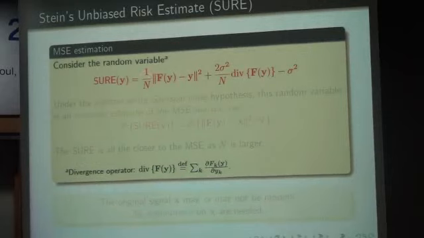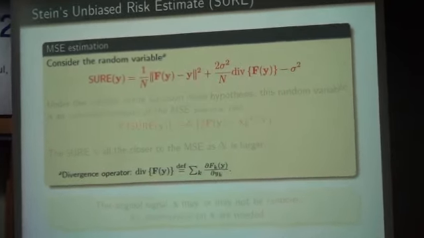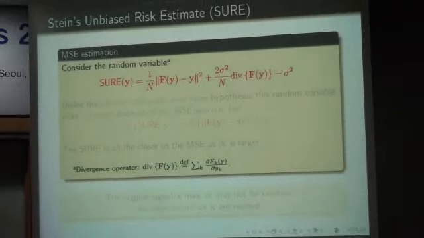You have to remember that it is something that is random, because you have an original image, X, and you corrupt it by an additive noise. And here, in order for things to work, you need to assume that this noise is additive, white, and Gaussian.